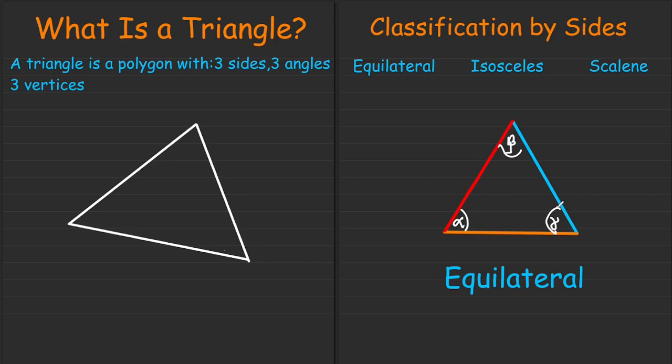So all the sides being the same results in having the same angles. Anytime you see any triangle with these marks on its lines, it is telling you that the measures of the lines are the same. With that said, let's look at an isosceles triangle. What is it?